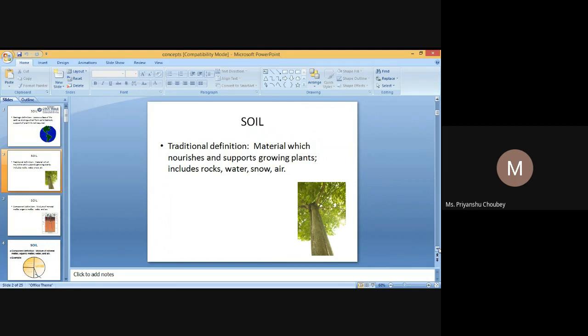Soil, some definitions. Soil can be defined as a solid material on the Earth's surface that results from the interaction of organic and biological activity on the parent material under hard rock.